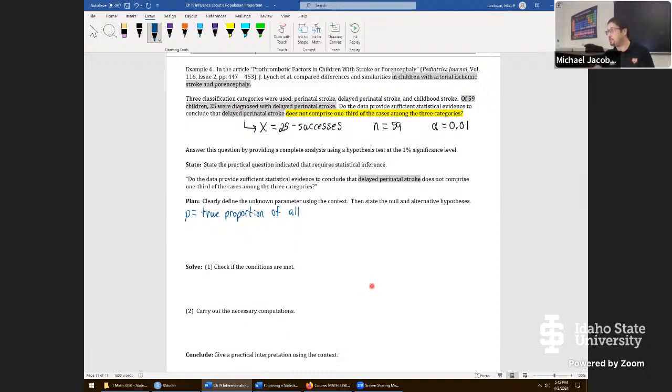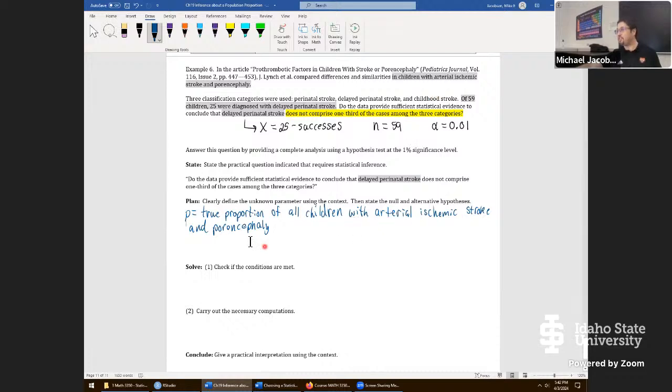P is the true proportion of all children with arterial ischemic stroke and porencephalopathy. Should definitely try to pronounce or spell that word correctly at least. So we mentioned the population. It's a proportion of these children that go to where the successes are and just say have delayed perinatal stroke.